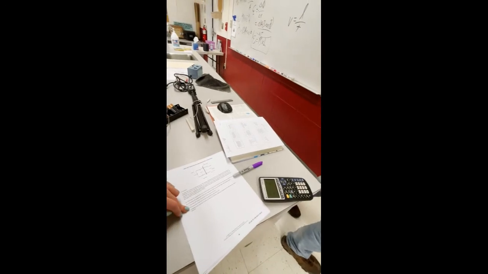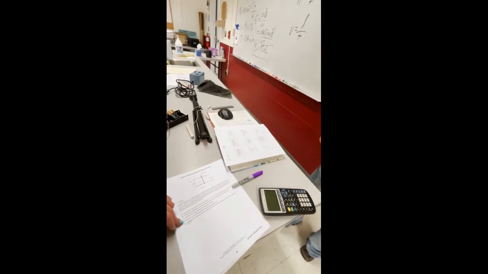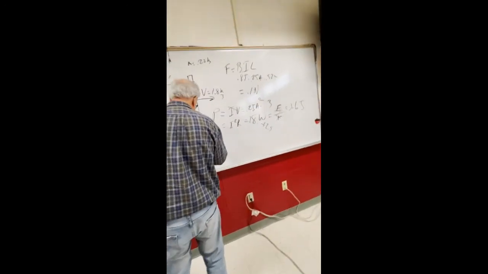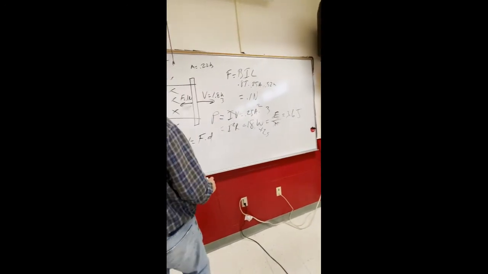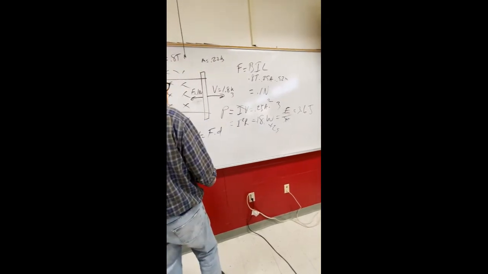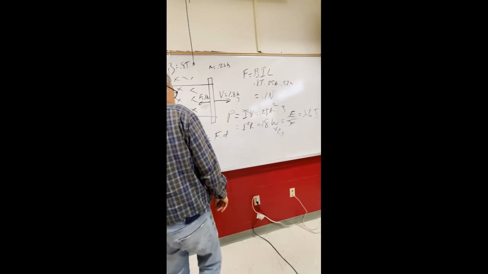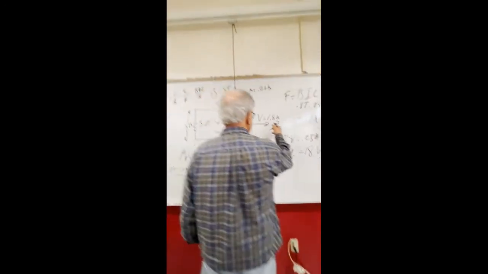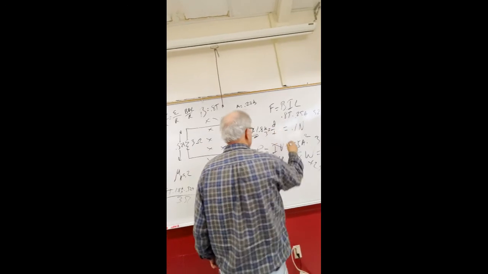Calculate the work done by the string pulling the rod in 2 seconds. So work is force times displacement in the direction of the force. We've got the force, that's 0.1 newtons. The distance is... we don't have that distance. Oh, there we go, in 2 seconds.